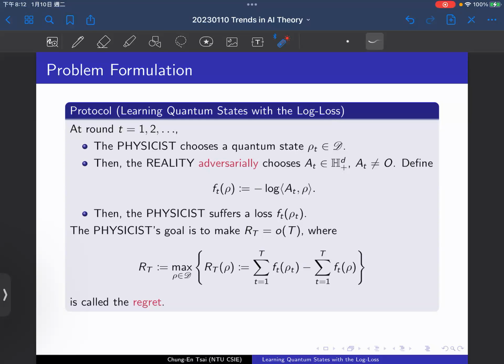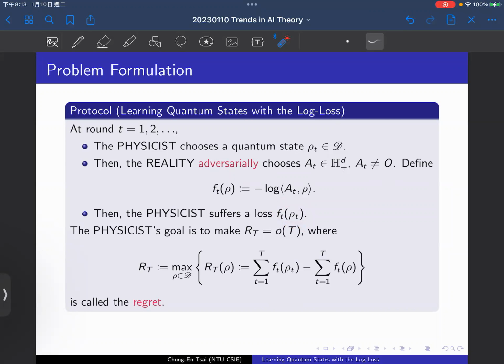After seeing what the physicist chooses, the reality adversarially chooses a Hermitian positive semi-definite matrix and defines the loss function to be the minus log of the inner product between A_t and rho. Then the physicist suffers a loss f_t of rho_t.